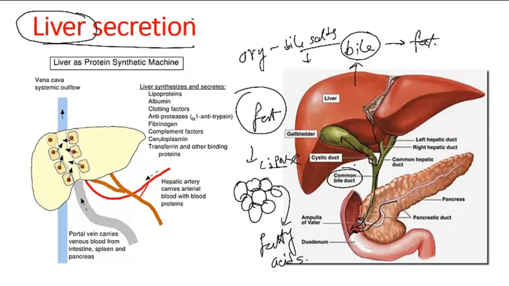So when we stimulate this whole process, like when you stimulate the release of these chemicals by the hormone secretin, that's called nature's antacid. Secretin is secreted. Bile duct cells secrete a bicarbonate solution that is identical to the pancreatic bicarbonate solution as well, and that functions as a neutralizing agent.